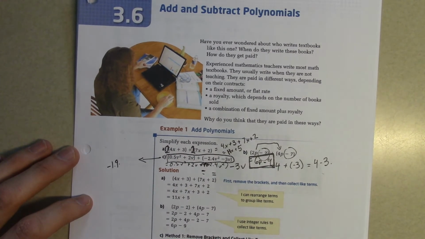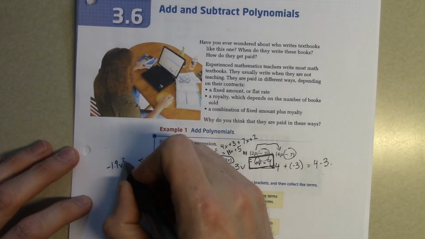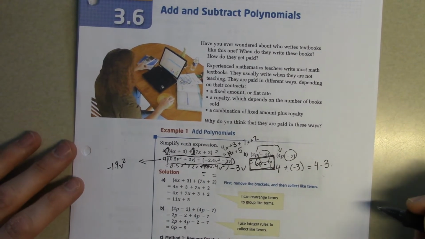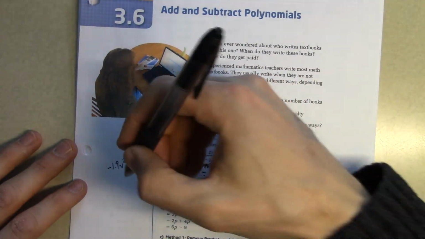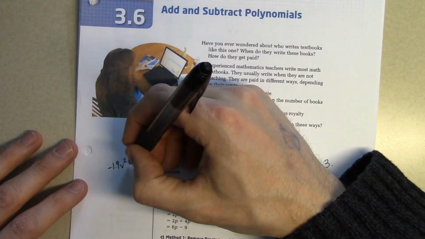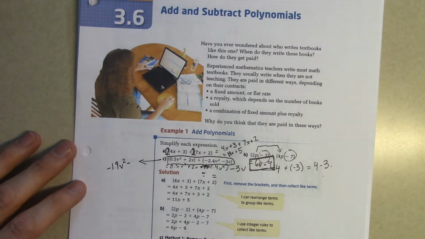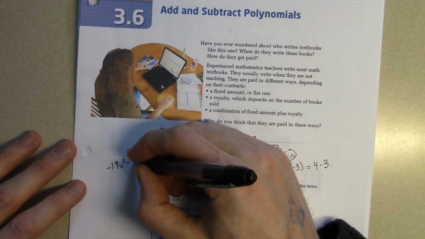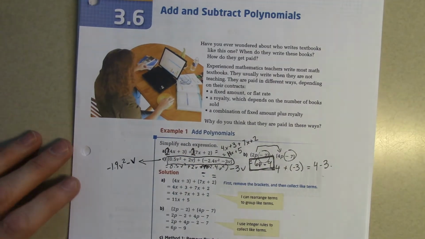Negative 1.9 what? B squared. And then you would add positive 2 and negative 3, which would be negative 1b. Am I going to write the 1? No, just negative b. Excellent. Any questions?